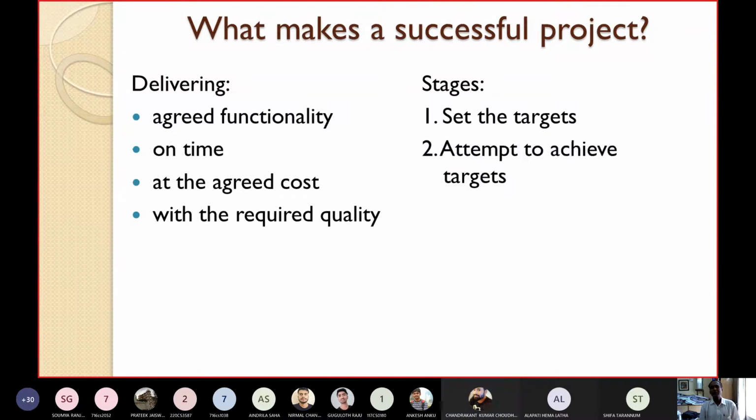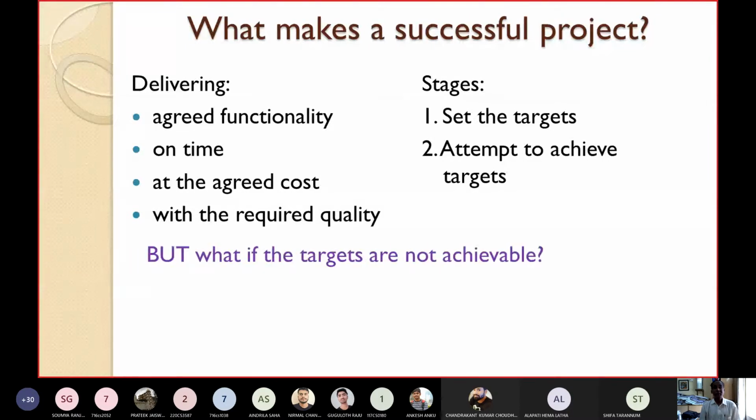Then, to achieve the targets, you should make an attempt. First you set the target, then to achieve it you have to take the necessary actions and the necessary steps. These things will make a project successful.